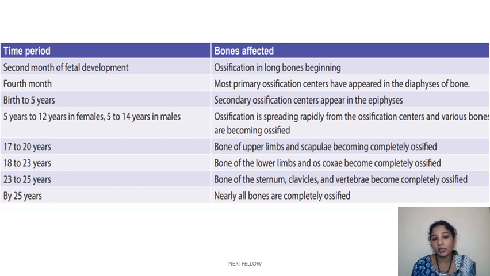That is, the hip bones and femur get completely ossified. Then at 23 to 25 years, the sternum, clavicles and vertebrae become completely ossified, and by 25 years nearly all the bones will be completely ossified. So this is how ossification affects different bones in our body, age-wise.